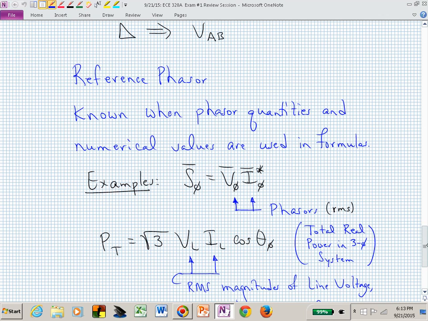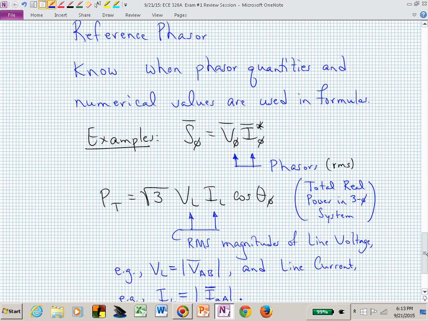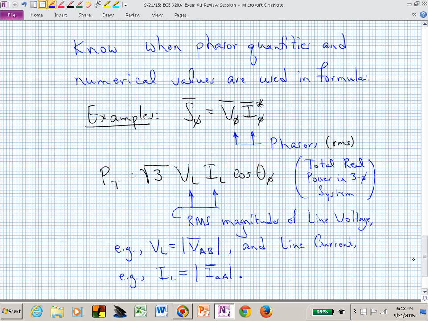Ooh, I was doing this too late, wasn't I? No, when phasor quantities and numerical values are used in formulas. Here's what I'm trying to mean by that.